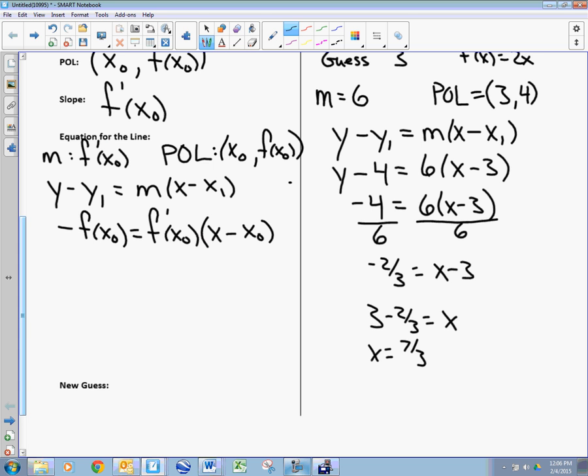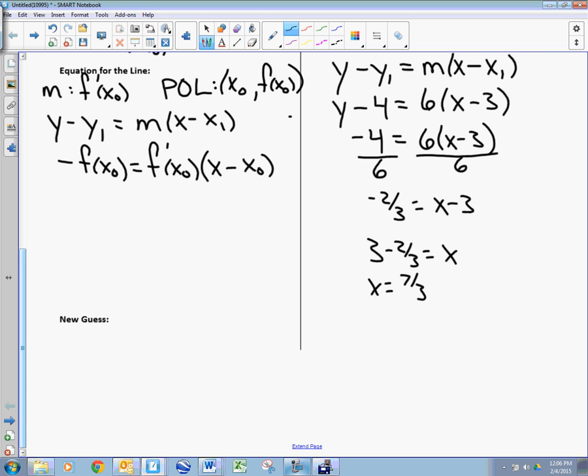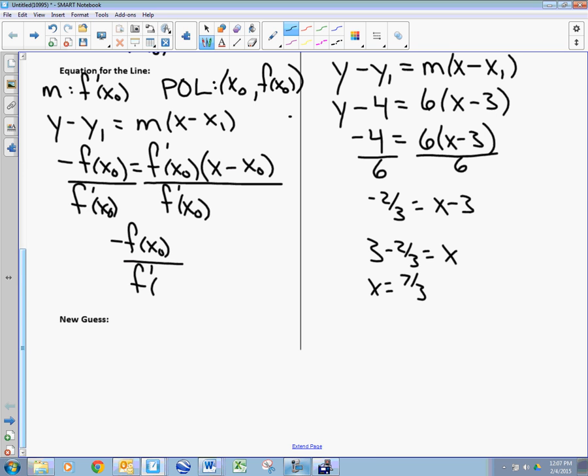I want to solve for that. What are we trying to solve for? x. So we'll divide that off, divide by f prime of x sub 0. So negative f of x sub 0 over f prime of x sub 0 is equal to x minus x sub 0.